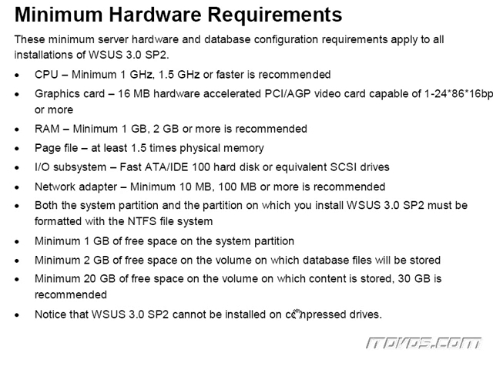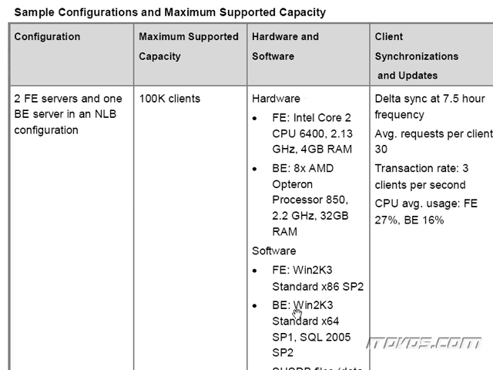Now let's talk about what you'll need in order to get your system to perform the way you want it to. And these are going to be some sample configurations that Microsoft has tested out in their labs for 100,000 clients. So this is going to be 100,000 desktops and 100,000 servers that you want to update with Windows Server Update Services. You're going to need 2 front-end servers in a network load balance configuration.